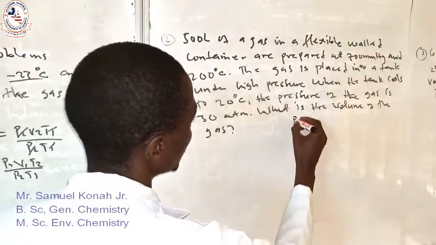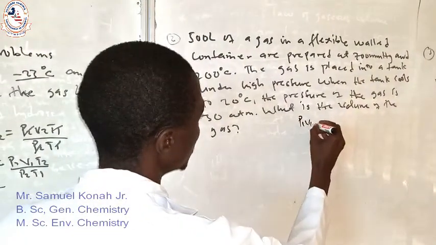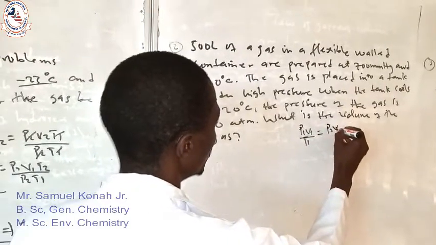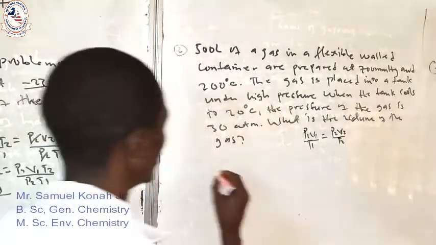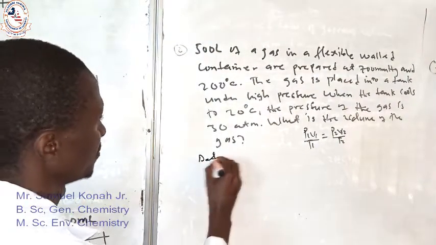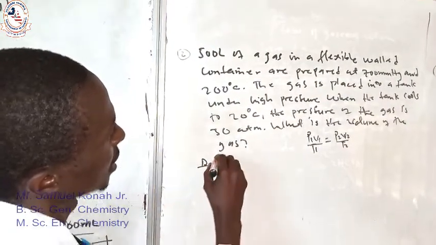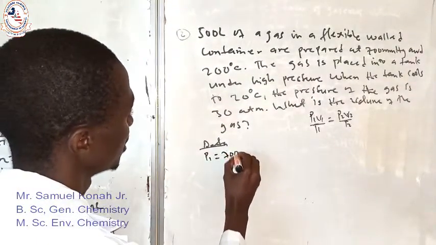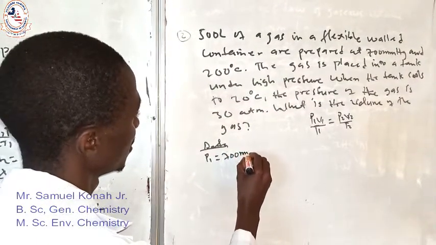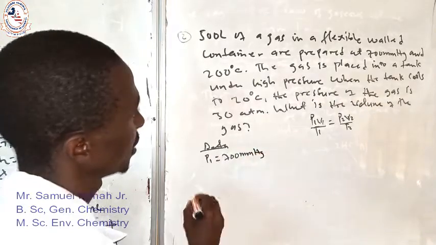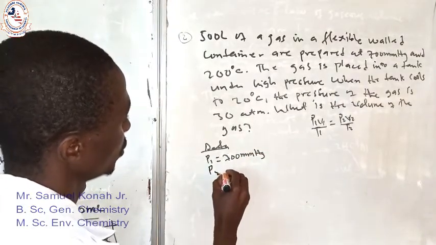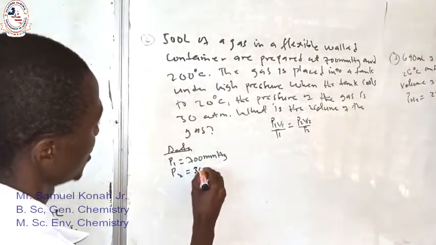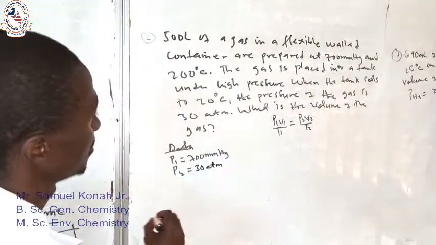We should recall that our general formula is P1 V1 over T1 is equal to P2 V2 over T2. If we collect our data here, our first pressure, P1, is given to be 700 millimeter mercury, and our P2, the second pressure, is 30 atm.